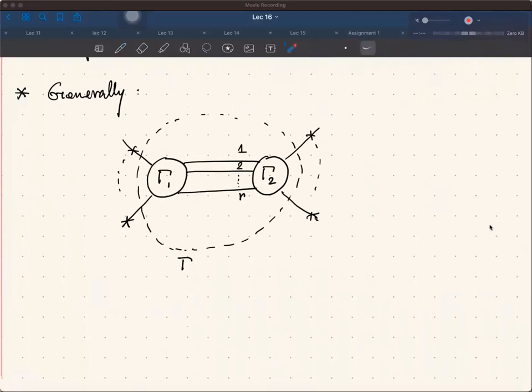Now, if r is equal to 1, then there is only one line here, and then gamma is not one particle irreducible, because if you cut this line, it will disintegrate into two parts. So r is greater than 1 when gamma is 1PI.